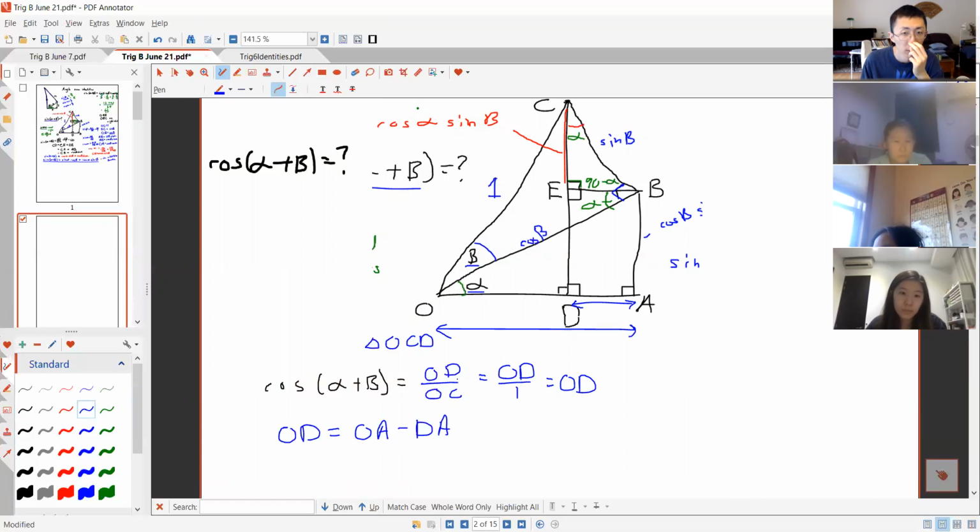Okay. So let's see if we can first find DA here. So what else is DA equal to in the diagram?